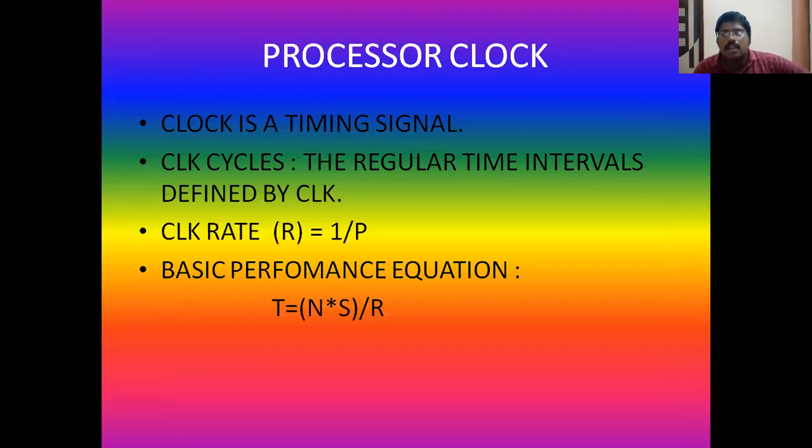If you give a large frequency, then the time period is going to be less, that means it will perform the operations in very little time. If the frequency is less, then the time period is going to be more, that means it will take a lot of time to execute the given task. So that is about the processor clock. I think we can stop this video for this time.